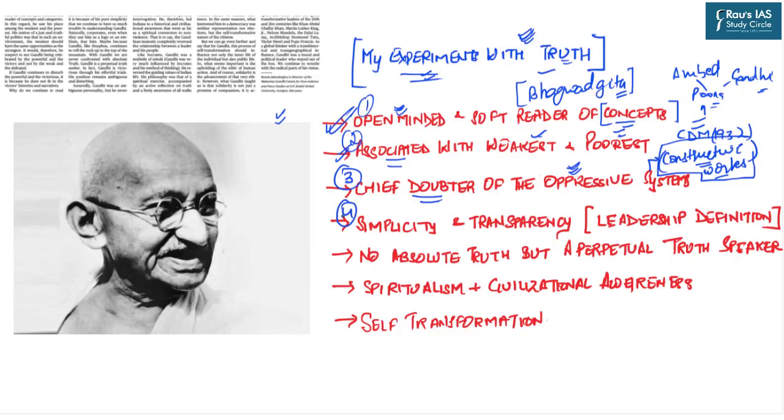Further, the next important view is that the personality of Mahatma Gandhi was very simple and transparent. He was the one who not only challenged but also changed the definition of leadership. As we have already discussed, Mahatma Gandhi associated himself with the weakest and the poorest section. His simple and transparent mode of life, for example, he was very fond of living together.